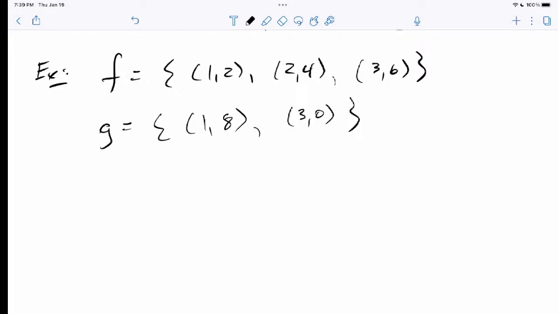For example, Wahab, if you look at this here, I've defined a function like f at 1 is 2, f at 2 is 4, f at 3 is 6, g at 1 is 8, g at 3 is 0. And they're asking you for, let's say we wanted f plus g. Oh, the domain and range. Oh, okay, we had kind of touched on that.